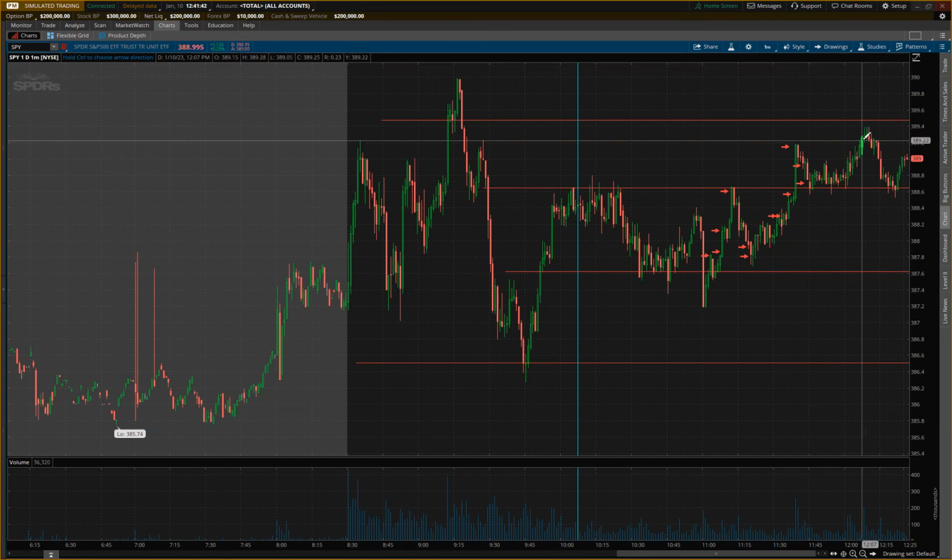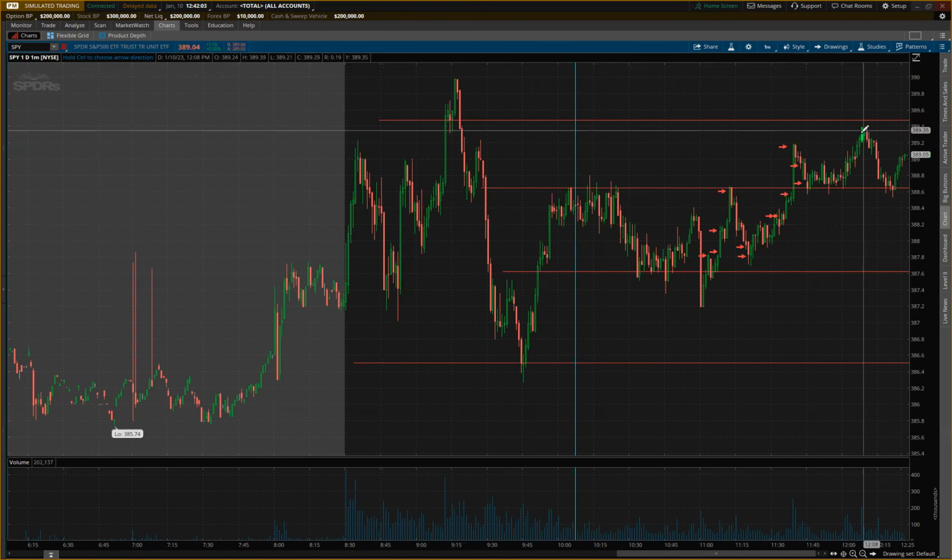This is a little dangerous at times because we do get the 1, 2, and 3 signal. However, that signal is happening close to this resistance zone here, right? The supply demand zone where it's approaching it.